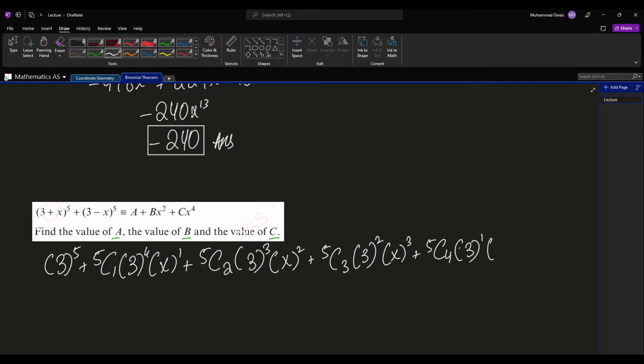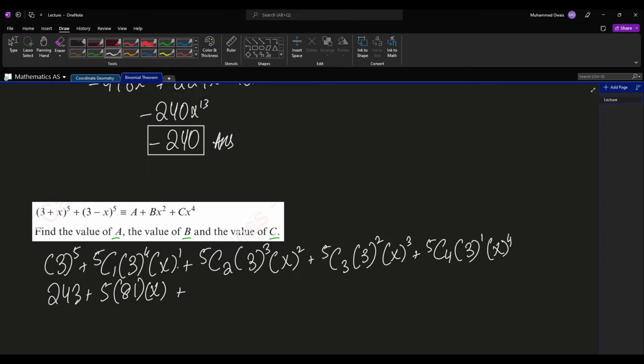This is the power of a, b is x, its power is 4. Now if I resolve this, 3 power 5 is 243 plus 5 into 3 power 4, which is 81, and then into x.